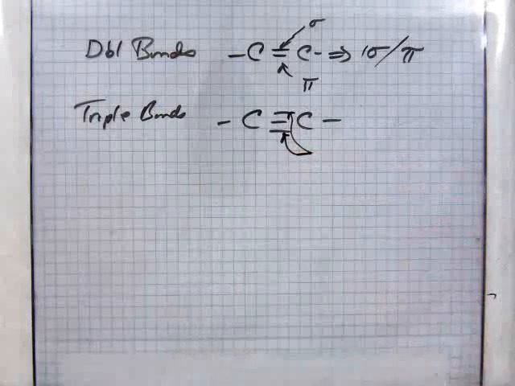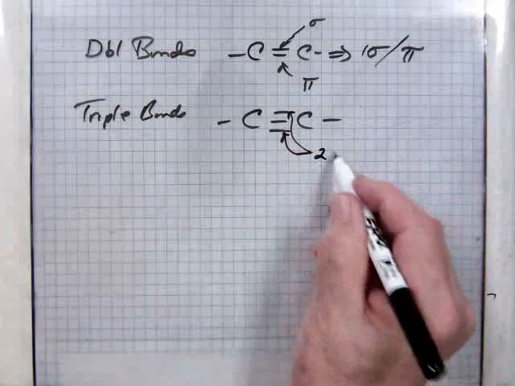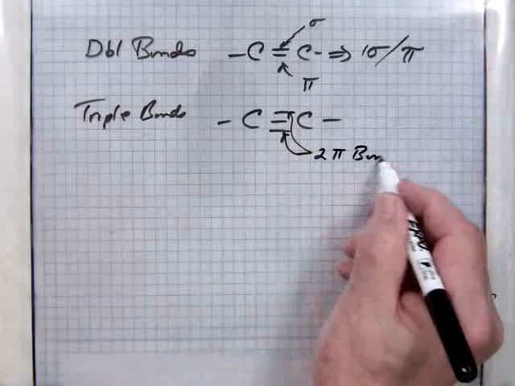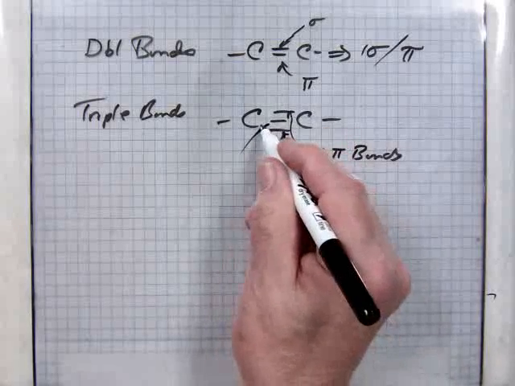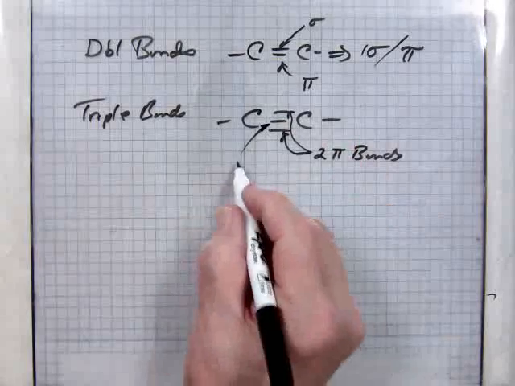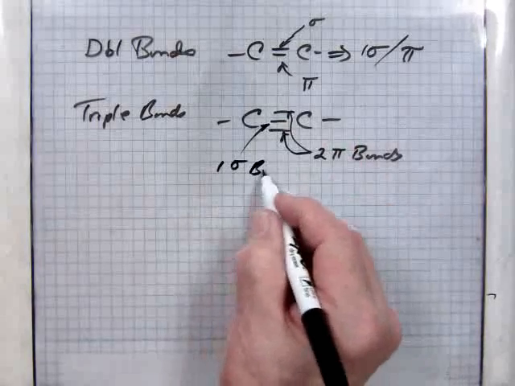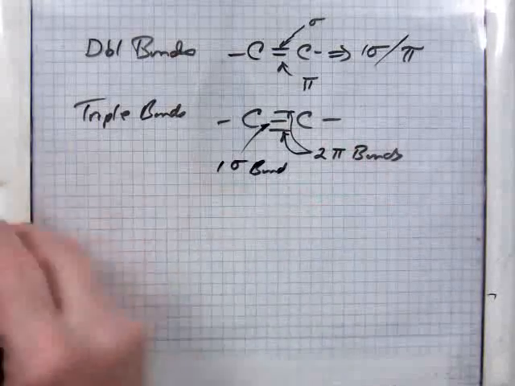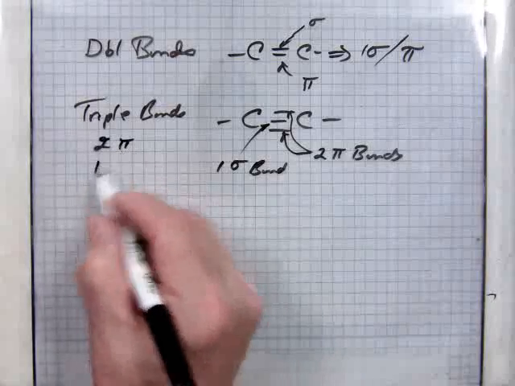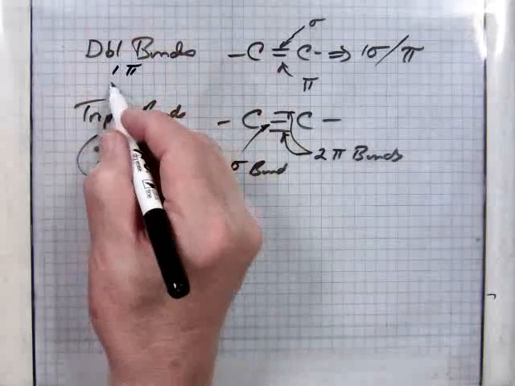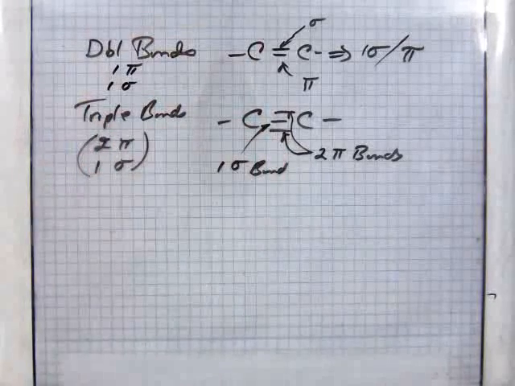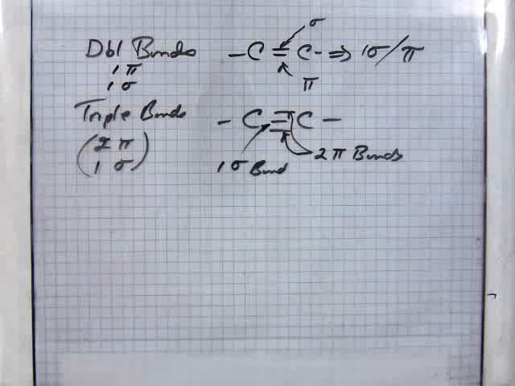I just took 2 bars and said that's 2 pi bonds, whereas the one in the middle, just hypothetically, you can choose any one you want, is a sigma, 1 sigma bond. So you can say the triple bonds have 2 pi's and 1 sigma between the elements. Double bonds have 1 pi and 1 sigma between the elements. Always.